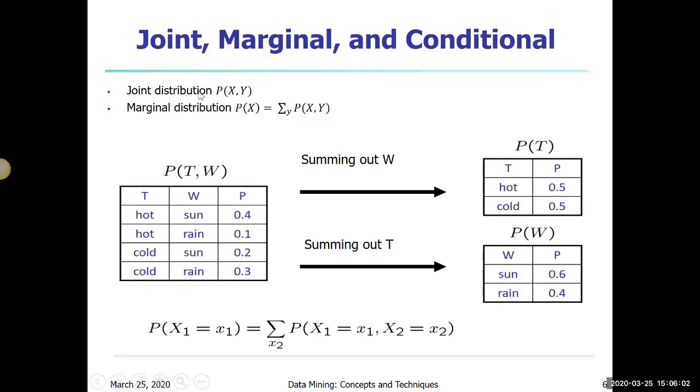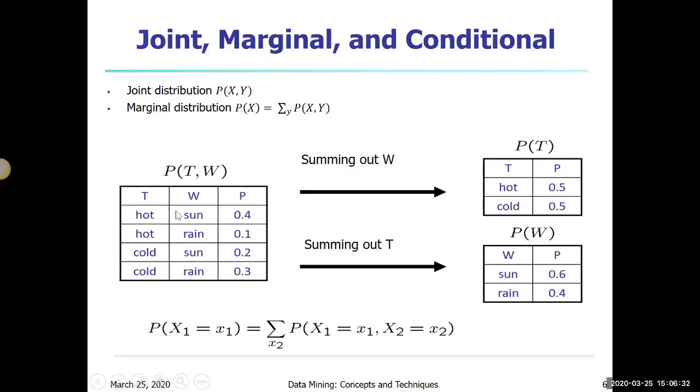So this represents a joint distribution: two variables occurring at the same time. And this represents one marginal distribution, where the probability for x occurring is the sum of the probabilities of x with all the different y's. So for example, here we have temperature and weather and probability.